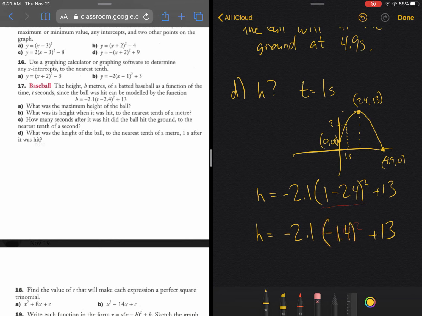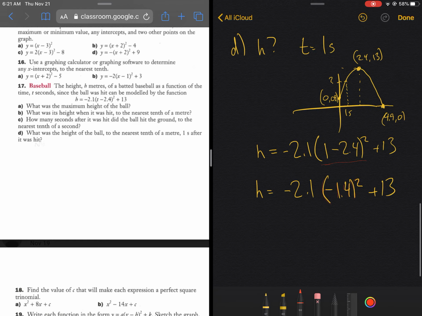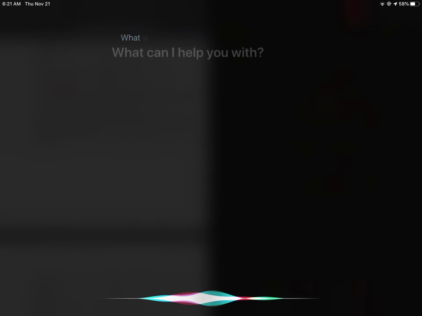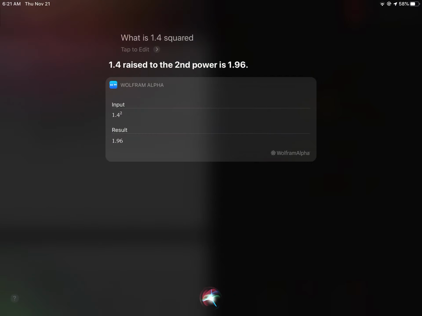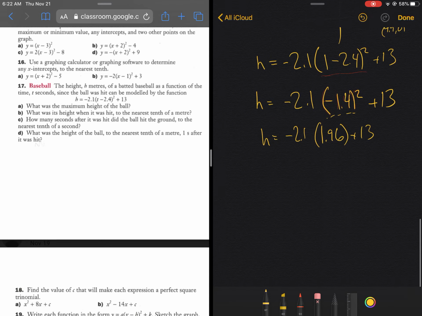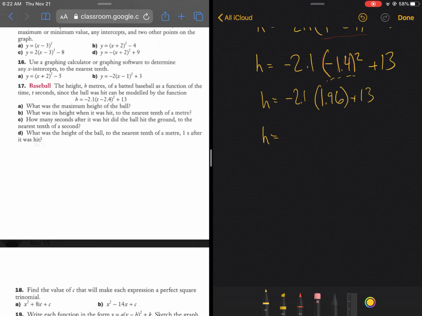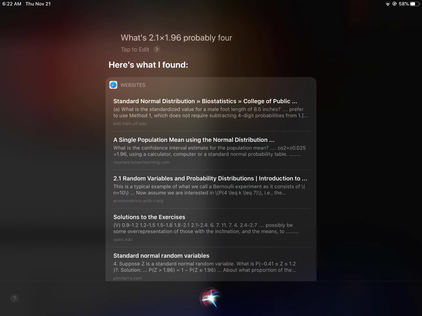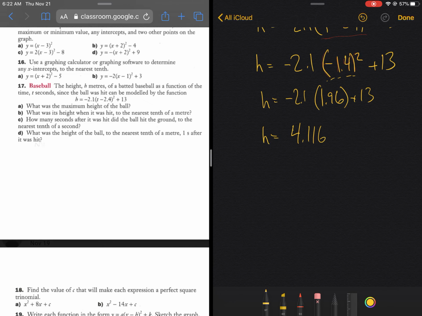The next step is to square 1.4, so we get 1.96. Then we have to multiply it by negative 2.1, which gives 4.116. Don't forget this negative, plus 13.